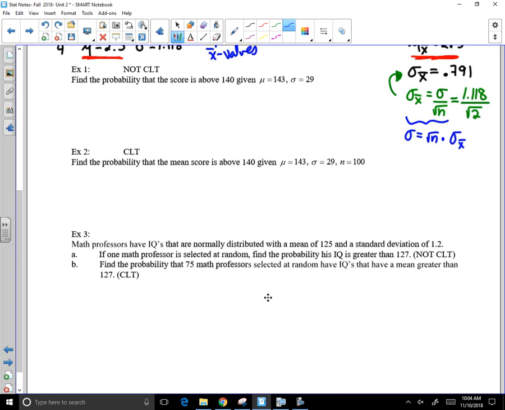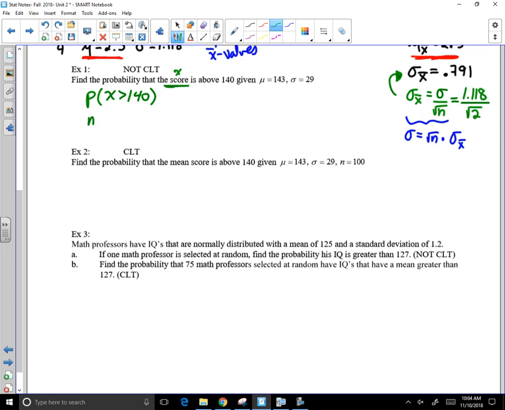All right. So example 1 is saying find the probability that the score is above 140 given 143 and 29. So very streamlined example, just the nuts and bolts. This is telling us to find the probability that the x value, so the score is x, is above 140.